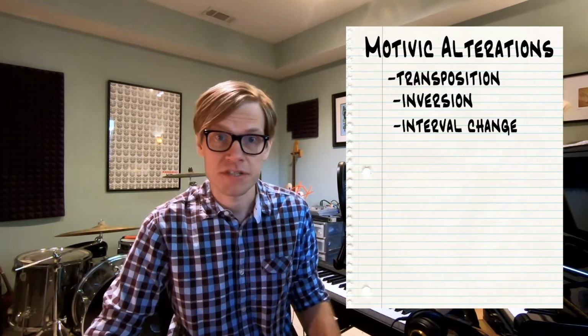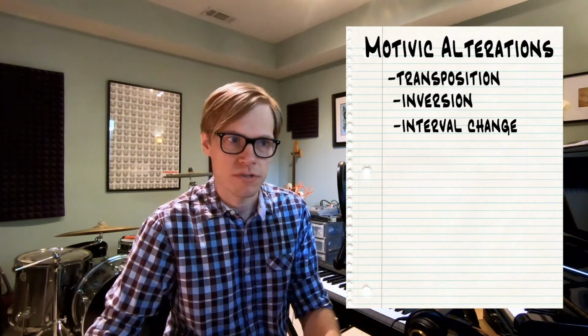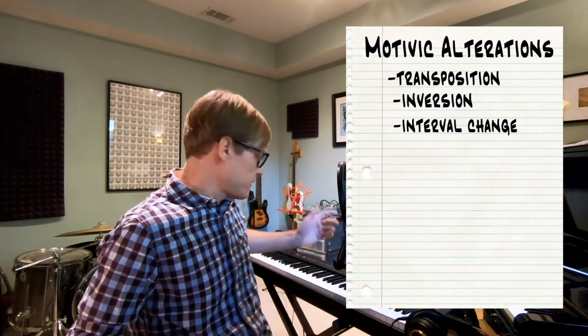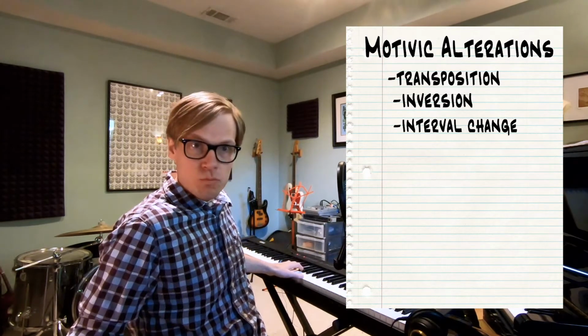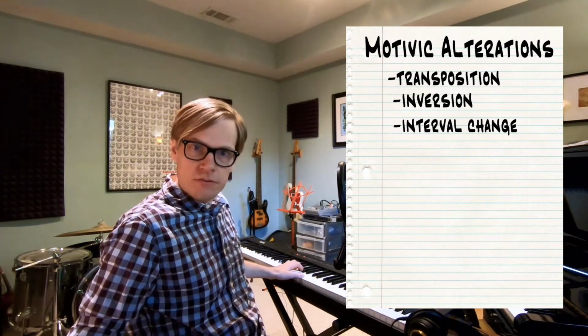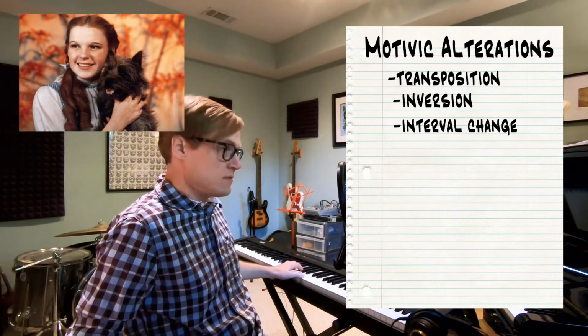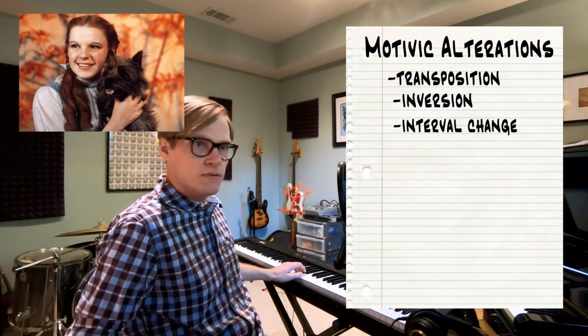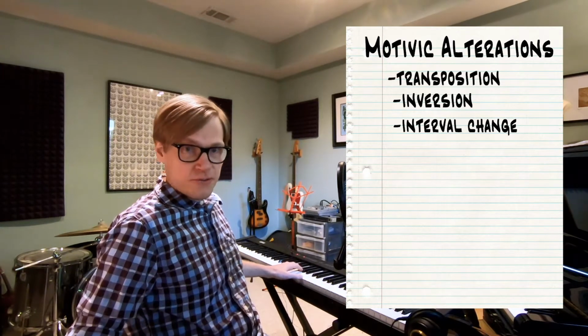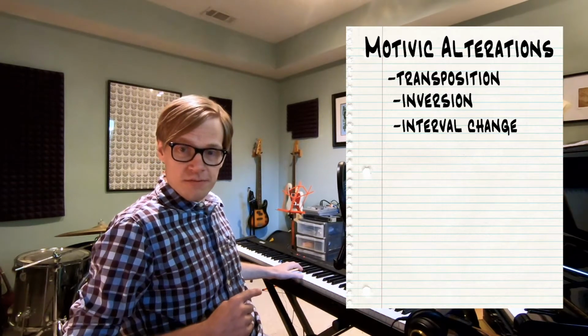The next motivic alteration would be an interval change. And that's just where one interval in the motive is changed. So a good example would be this idea, and you'll recognize this one. If you're in my ear training class, you know what that first interval is.